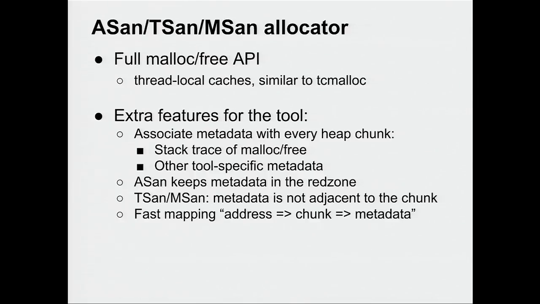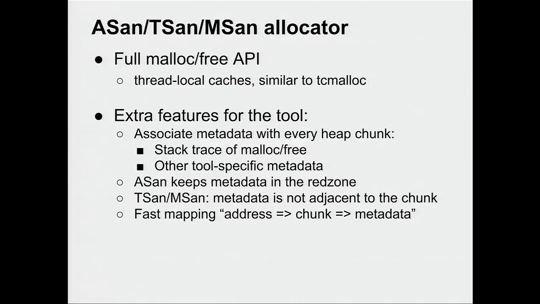A couple of words about the allocator, which we use in the leak detection tool. First of all, it is a full implementation of the malloc, free, new, delete API. Internally, it uses thread local caches similar to TSan, so it works fine if you have thousands of threads.